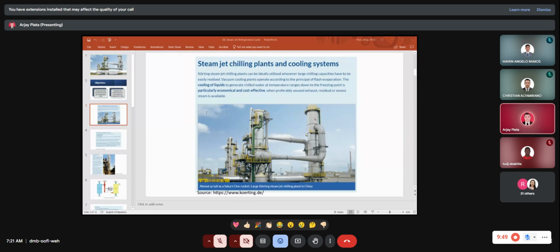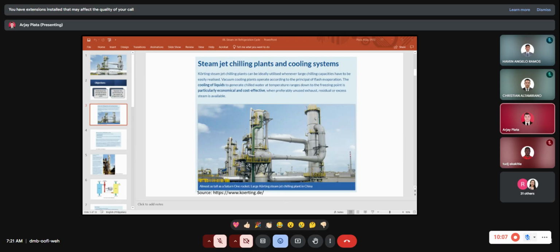The nozzle converts the high pressure steam into a high velocity steam jet. The steam jet works by expanding the steam through a nozzle to create a high velocity jet.